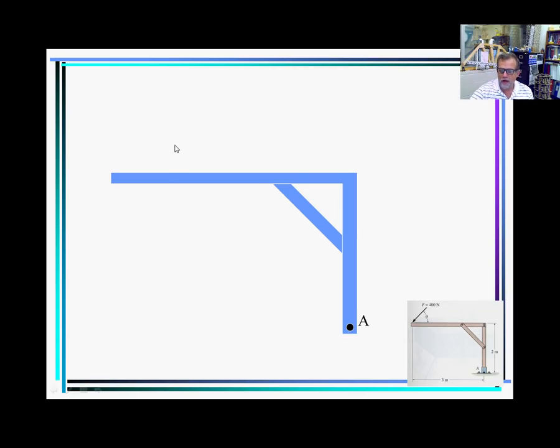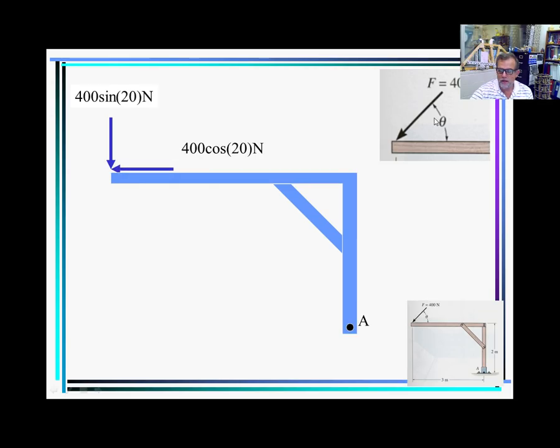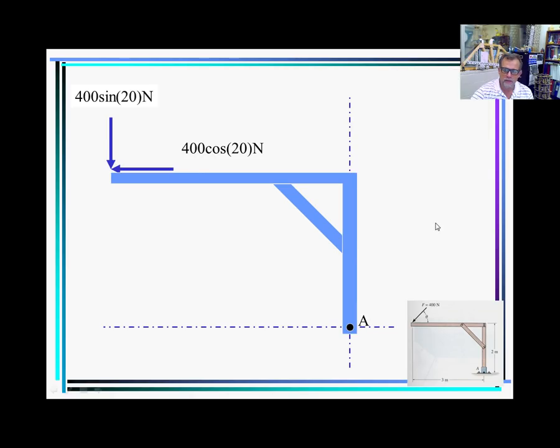So I'm going to take the force that is applied here and decompose that force into horizontal and vertical components, because those are the two forces. If this angle here is 20, as we said before, the vertical component is 400 sine 20, and this is 400 cosine 20. I put my axis of reference there just for ease.